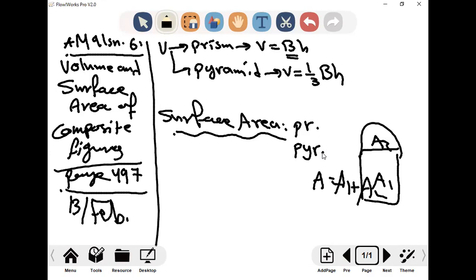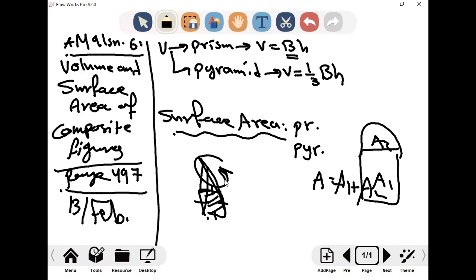And we took, if you remember, the square pyramid. How do we find the surface area? We find the area of the base and 4 triangles, right? And the 4 triangles have the same base and height, so we have one area multiplied by 4, plus the area of the square down.